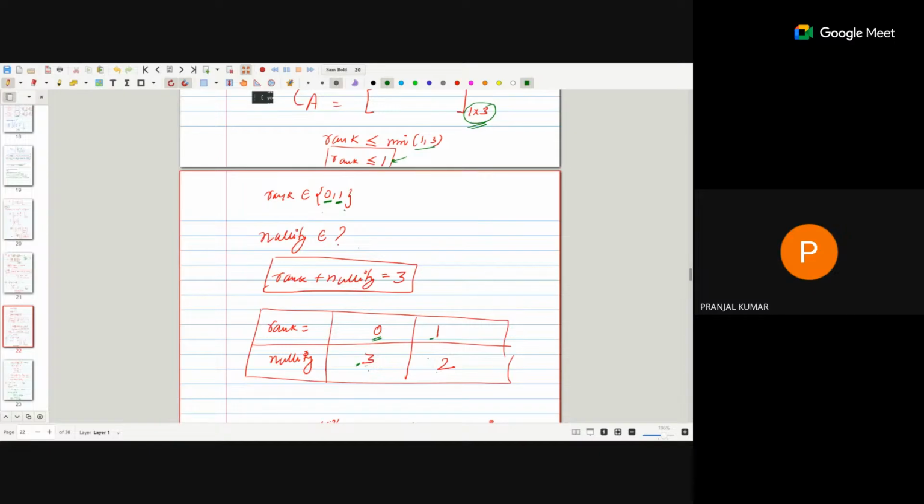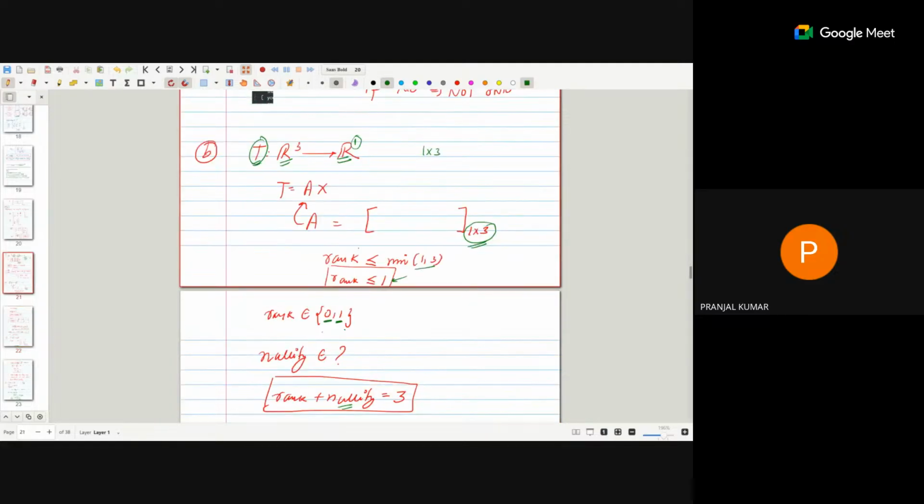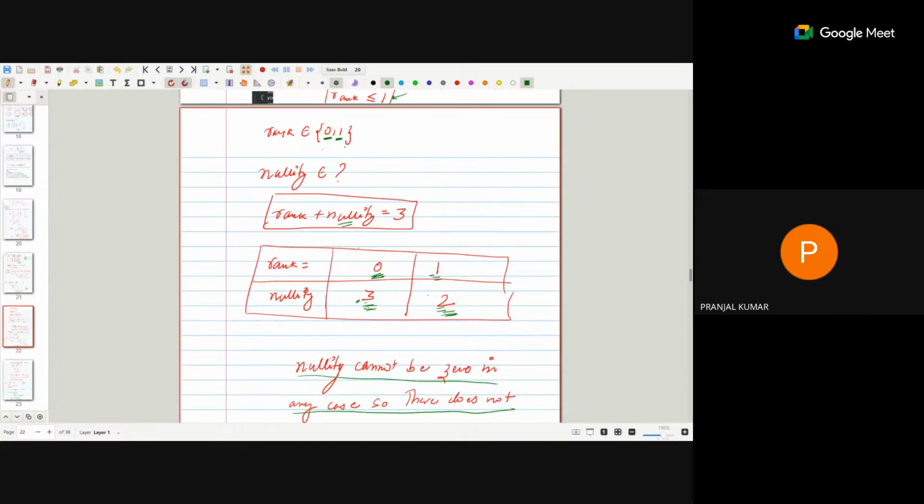Corresponding to that, we will calculate the nullity. For rank 0, nullity will be 3. For rank 1, nullity will be equal to 2. So what we are trying to find is whether in any case nullity could be 0. But you can see that nullity can never be 0 in any case for this matrix. Is this clear?